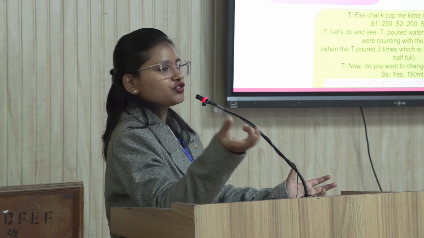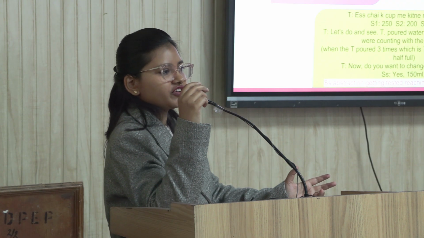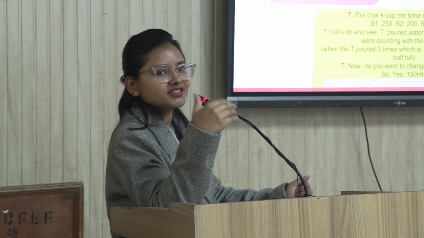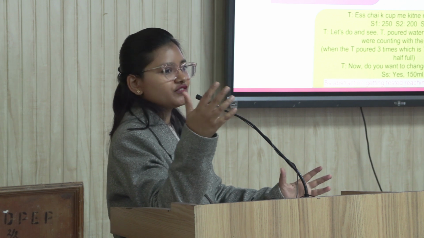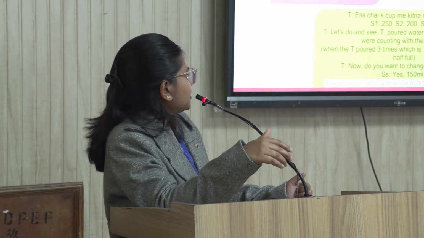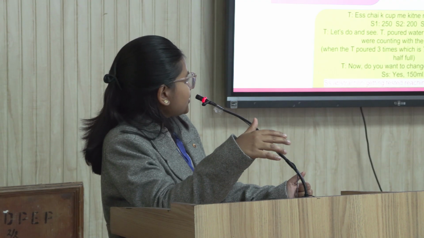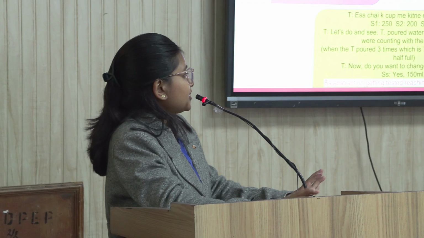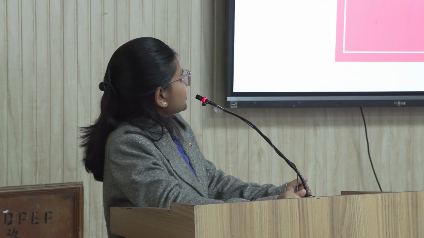Then we showed a beaker of 25 milliliter and started pouring water. When we did it 3 times, they saw that it's almost half full. So they were able to understand, okay, Miss, it will be 150 milliliter. So here, students' abstraction was getting tested, and they were reaching towards exactness.